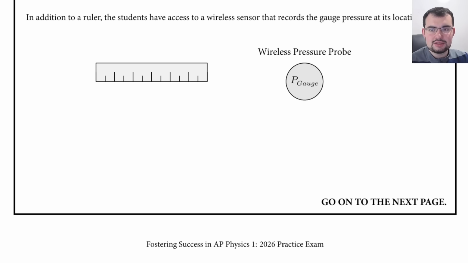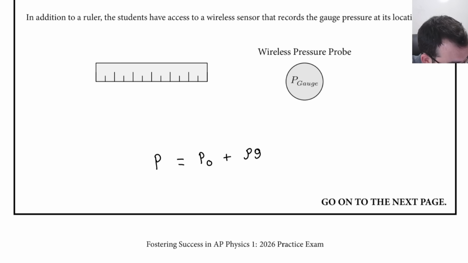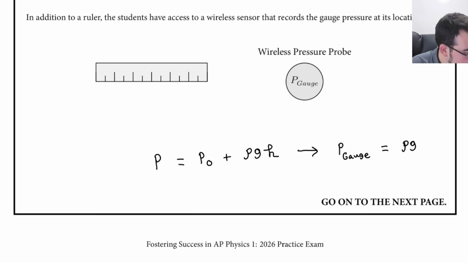So a density equation with pressure in it and distance is pressure is equal to the reference pressure plus rho g times depth. But if we're looking at gauge pressure, the gauge pressure is just your pressure relative to atmospheric. So this means P gauge is just going to be equal to rho GH.